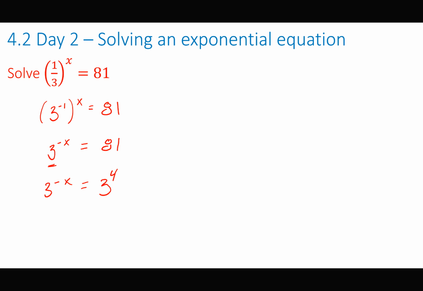So just like our warm-up, I don't have to worry about the base anymore. I'm just trying to make negative x be the same as 4. So then x would equal a negative 4. So manipulating your fractions, you can move stuff from the denominator up to the numerator. But the big thing is we want to get it to be the same base.